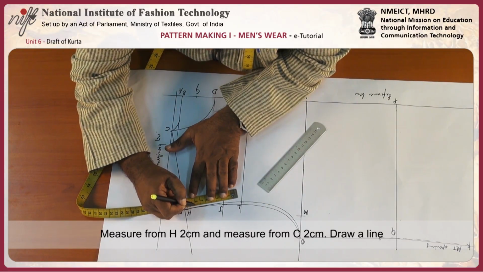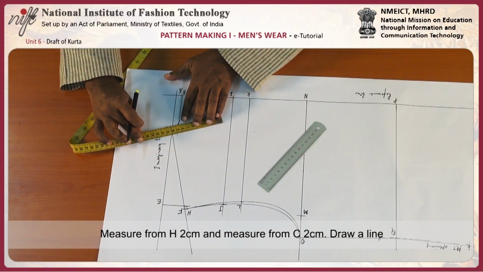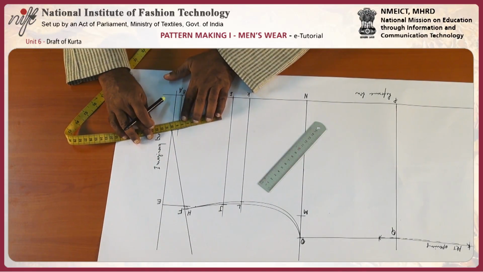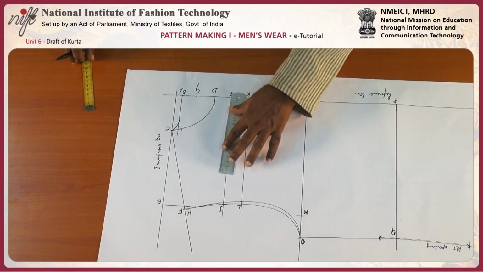It depends upon the forward width you required. Here I am measuring 2 centimeter, normally given less in kurta, and measure point C also 2 centimeter on the front neckline and draw a line.